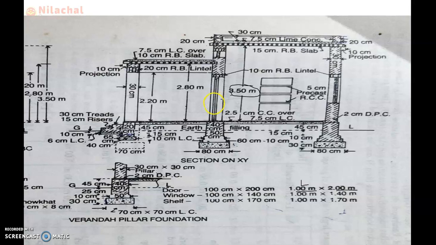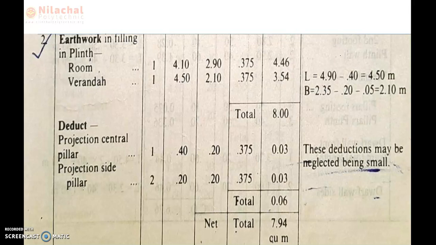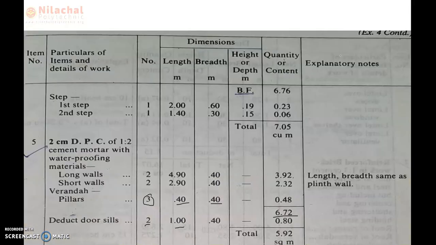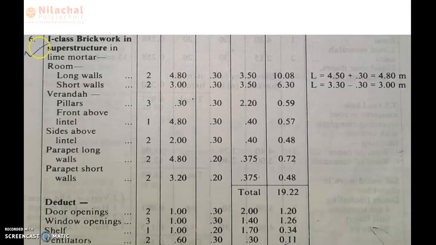and the thickness of brickwork is 30 centimeter. Okay, the thickness of brickwork is 30 centimeter, and the height of superstructure from the plinth to the RCC slab is equal to 3.50 meter. So we can write here the first is long wall, number two, and short wall also number two.